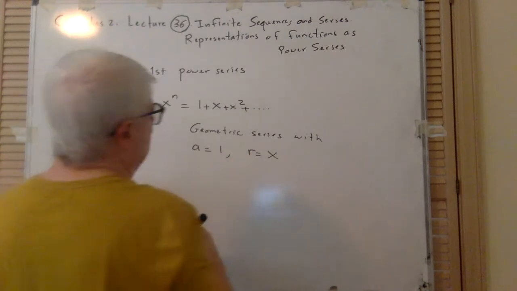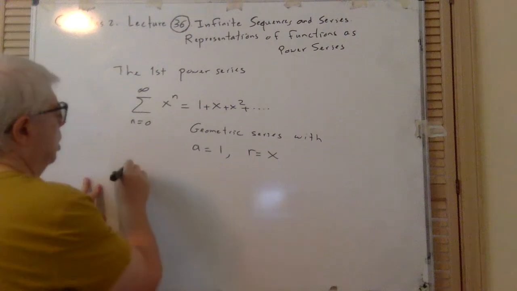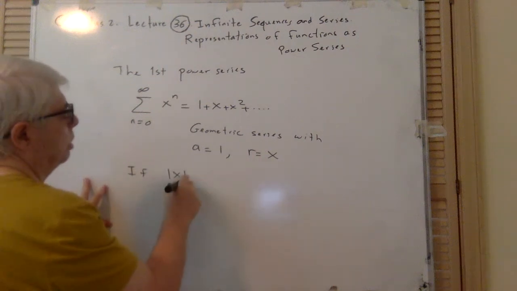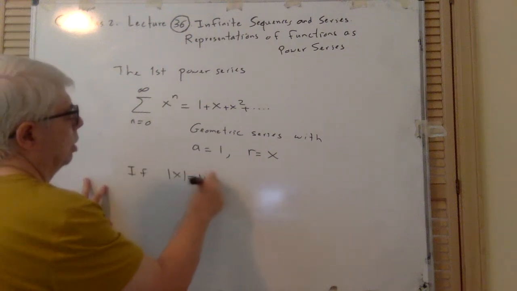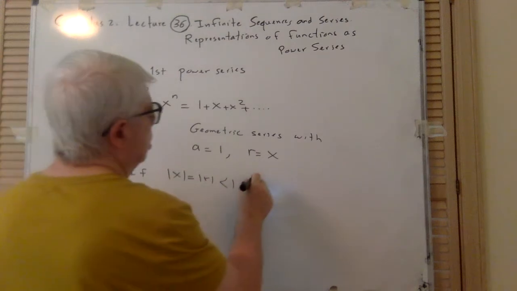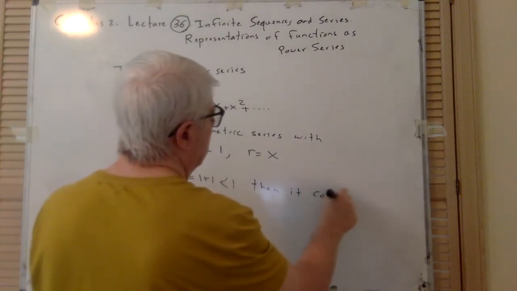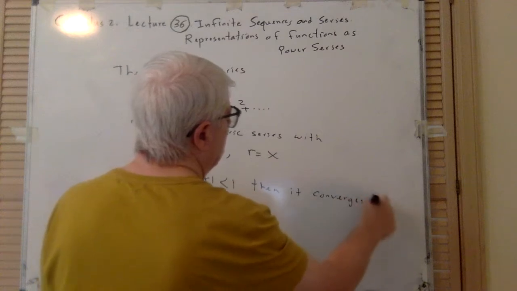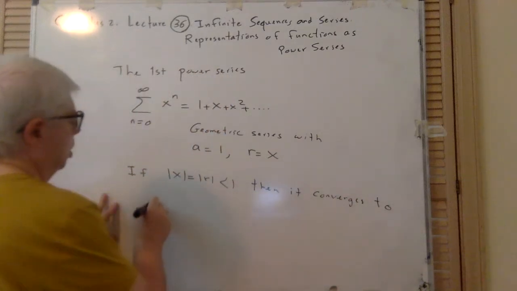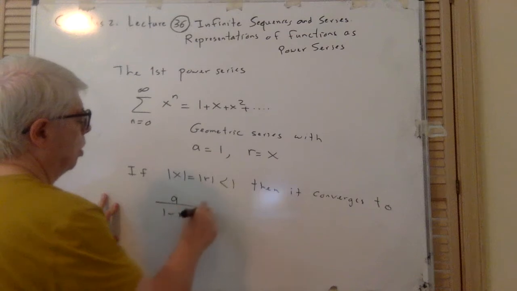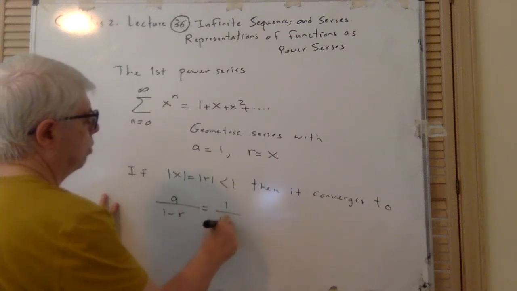So we know that if the absolute value of r, which is x, is less than 1, then it converges to a over 1 minus r, which is 1 over 1 minus x.